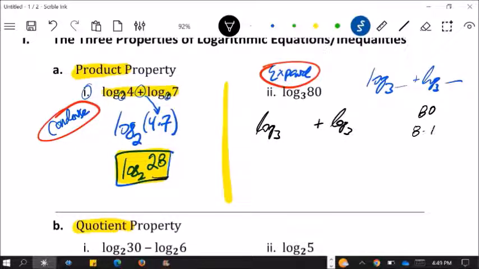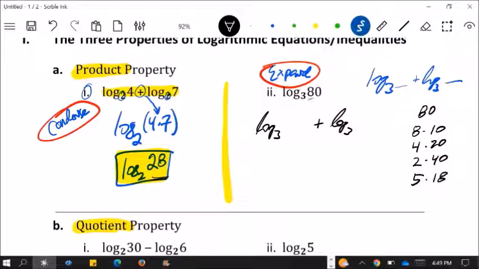Well, we can do 8 times 10. Wait a minute, that's true. I can also do 4 times 20, and I can do 2 times 40, and I can do 5 times 16. I have bunches of choices. Oh, which one do I use? Any one of them. You could choose any one of these.